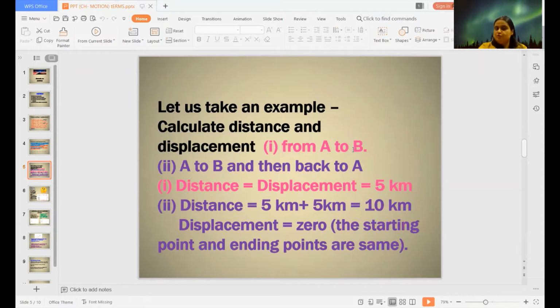If we move from A to B, distance and displacement both are same, that is 5 kilometers. But if you are going from A to B and then coming back to A, then the distance will be 10 kilometers, but displacement will be 0 because starting and ending point, both points are same. Because of this reason, we will say that displacement is 0 here.